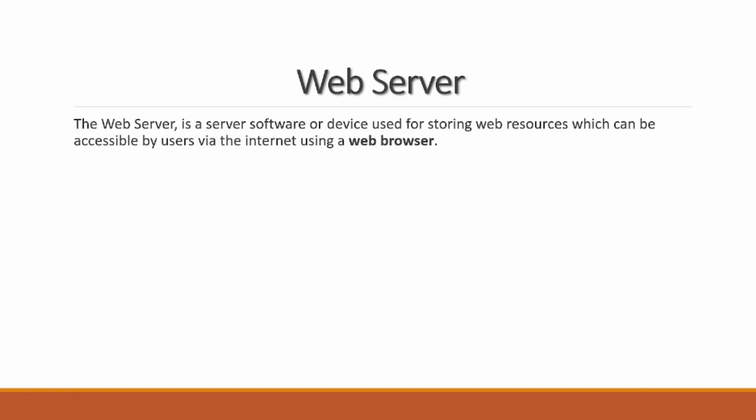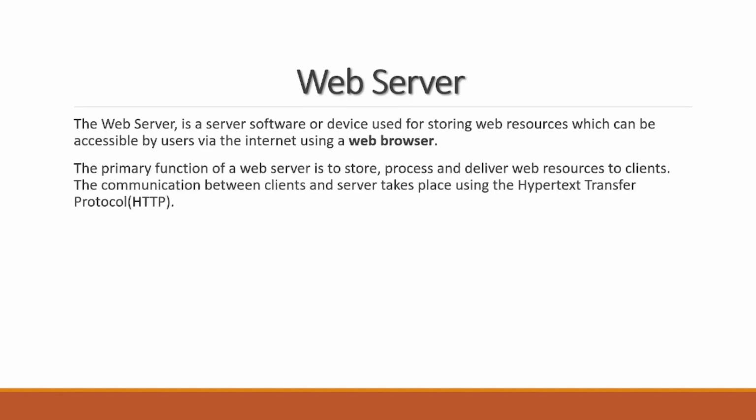They are like the shelves in the library where you store your books. Whenever you go to the library, you just go to the shelf and pick them. So that's how a server works. These are where web resources are stored. The primary function of a web server is to store, process, and deliver web resources to clients. That's their main job.